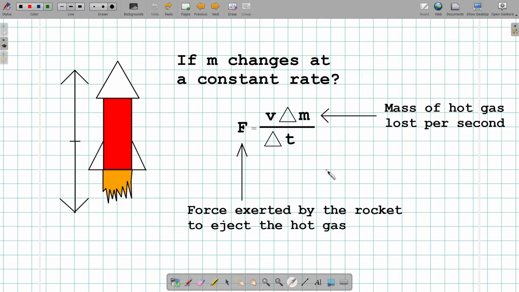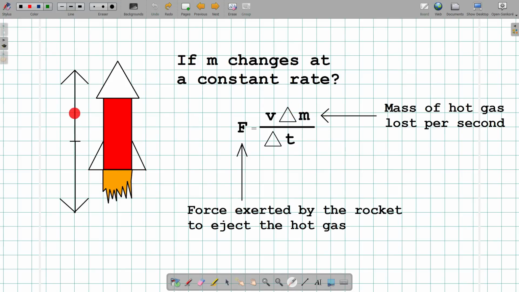Another thing to look out for is, say you're trying to find the velocity, and you've got the initial mass and the final mass, and the time taken, and the force, but it gives you the force of the thrust of the rocket, and you need to know the force exerted by the rocket to eject the hot gas, or the fuel, because the mass that's changing is the fuel, not the rocket itself.